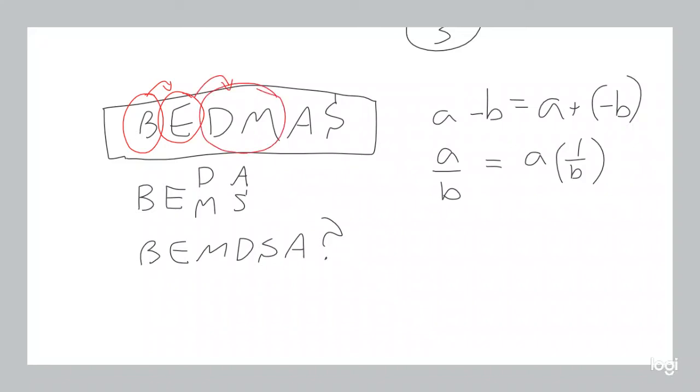Multiplication comes after, along with division, because division is another way of writing multiplication. And addition and subtraction comes after, in any order again, because subtraction, it's a special case of addition. It's adding a negative number. So that's where BEDMAS comes from, and hopefully that will help you do these kind of calculations and avoid the common mistakes we talked about when adding and subtracting a string of numbers or dividing and multiplying a string of numbers.